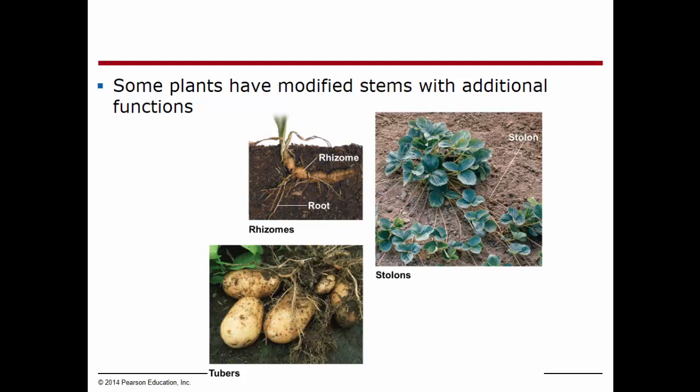The stolons extending away from the strawberries can then grow new leaves and new roots and form a new strawberry plant. Other stems grow underground and are involved in storing nutritious material, including sugars, for future use. The potato is an example of a tuber, a thickened underground stem that stores sugars in the form of starches.